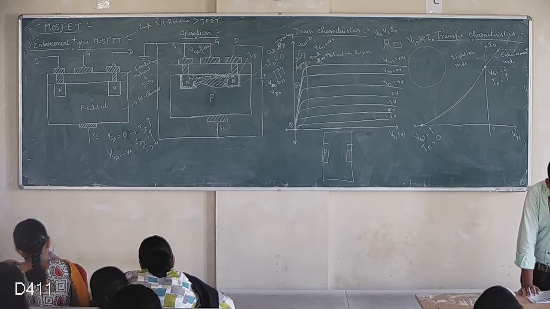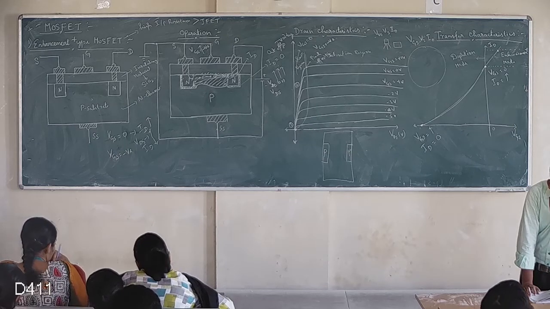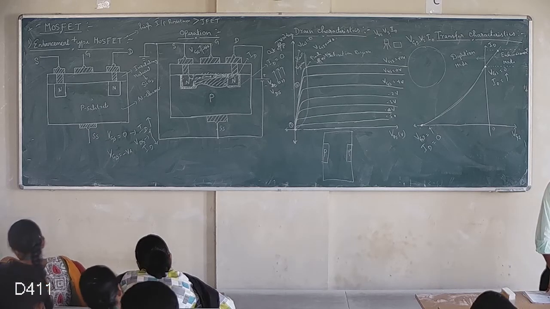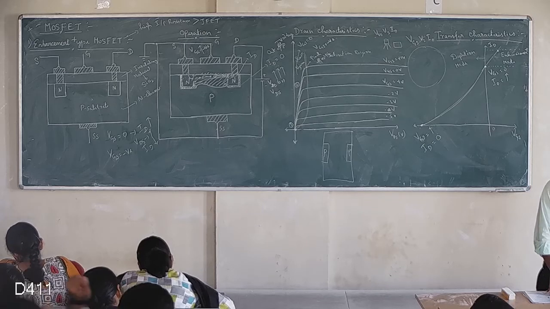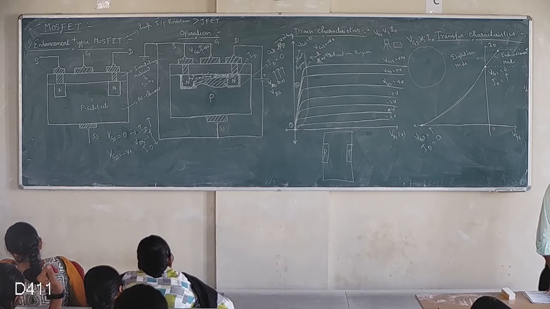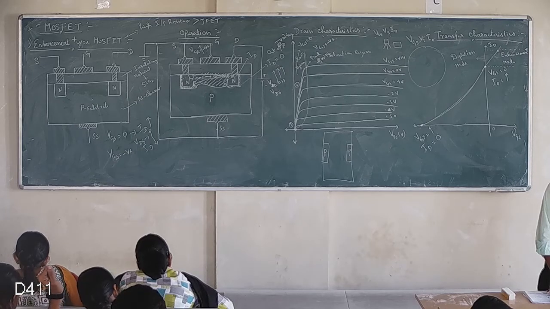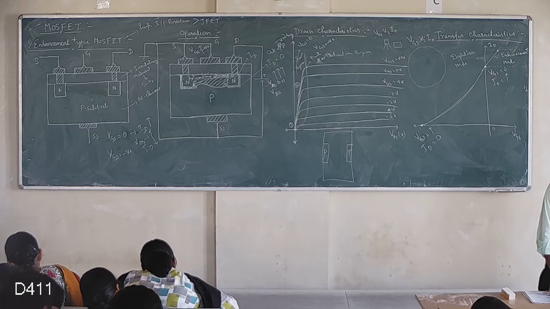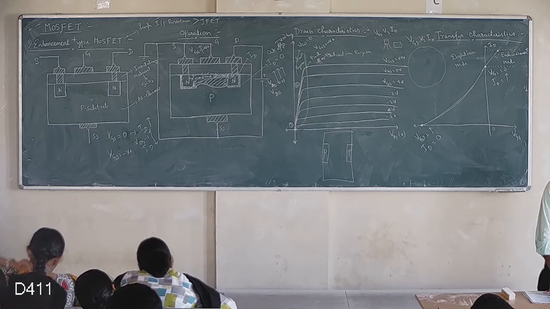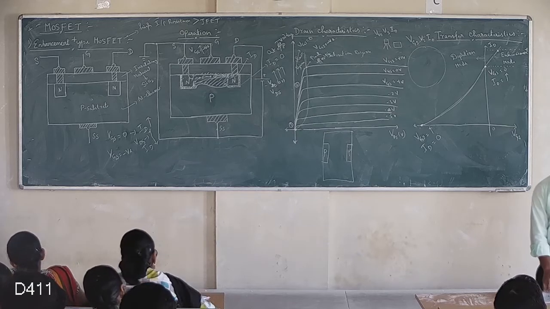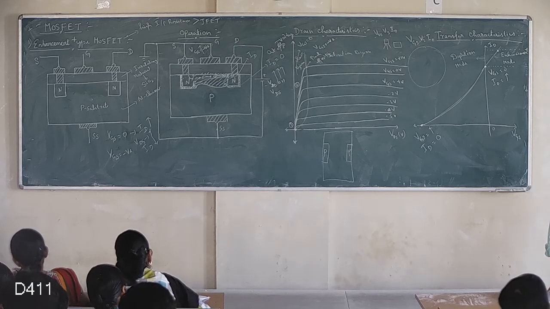Okay, next point. At some value of VDS, ID cannot increase further due to reduction in channel width.